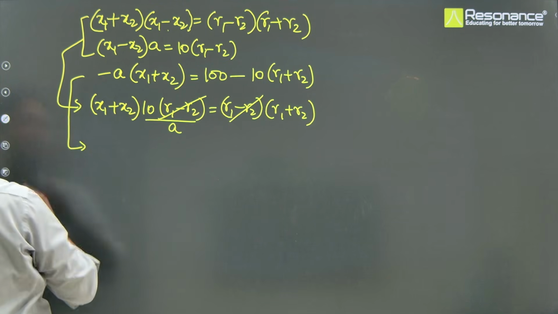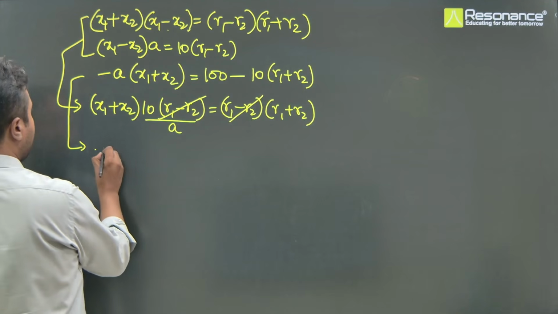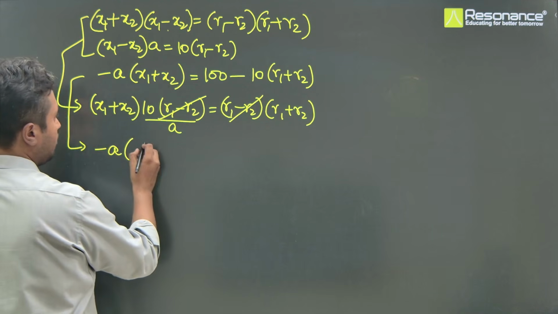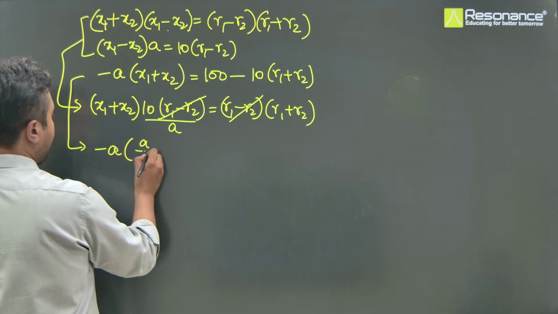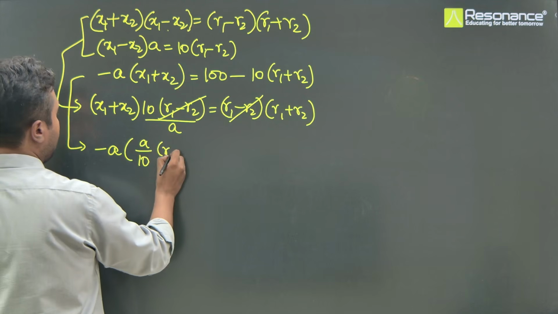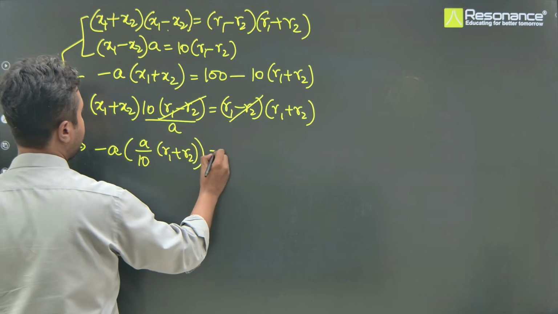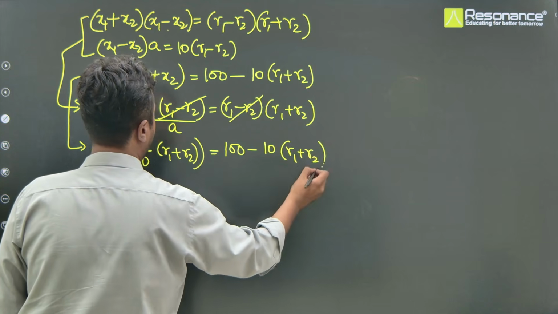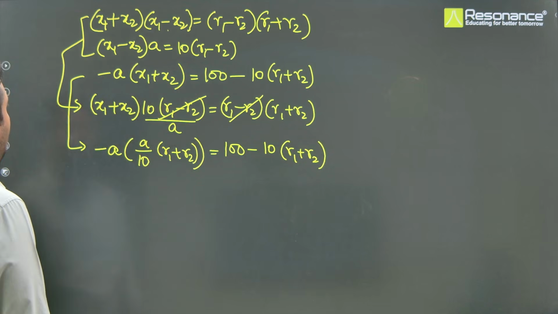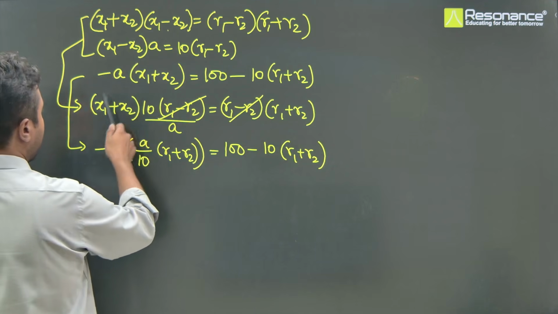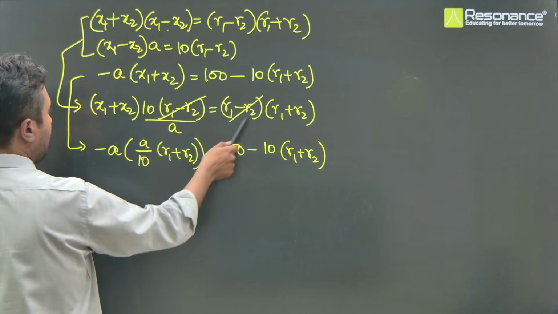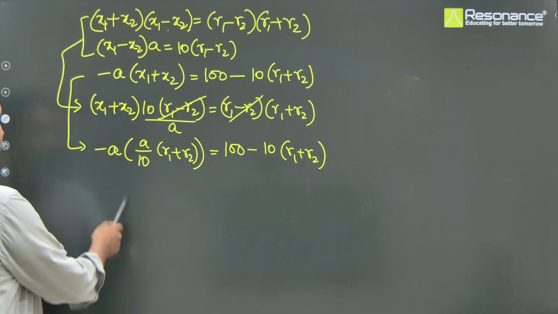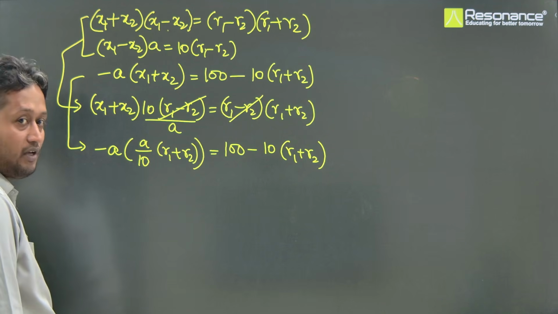So you take this thing and you plug it over here. So minus a into (x1 plus x2), which is a by 10 into (R1 plus R2), is equal to 100 minus 10 times (R1 plus R2). So x1 plus x2 is a by 10 into (R1 plus R2). That's what I plug over there. Looks like if we figure out the value of a, we are through.